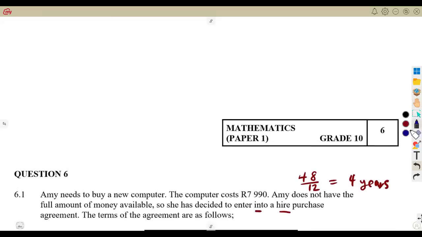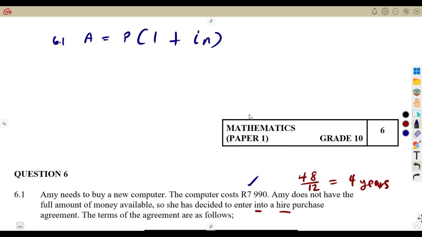So let's talk about the amount to be paid in 4 years' time before we talk of what is to be paid monthly. Let's talk about the amount to be paid under this hire purchase. Remember that under hire purchase, we use simple interest.